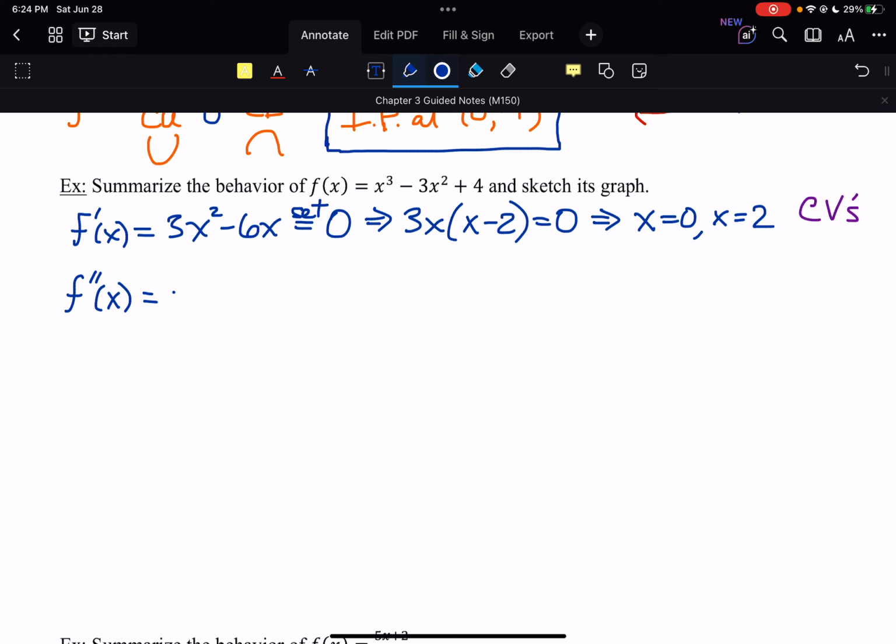And for the second derivative, we get 6x minus 6. Set that equal to 0. So 6x equals 6. So x equals 1. And that's our hypercritical value.